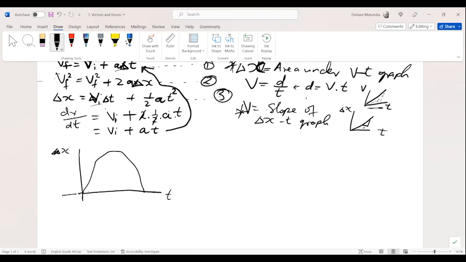It is parabolic. Let's say, for instance, you throw a ball upwards.